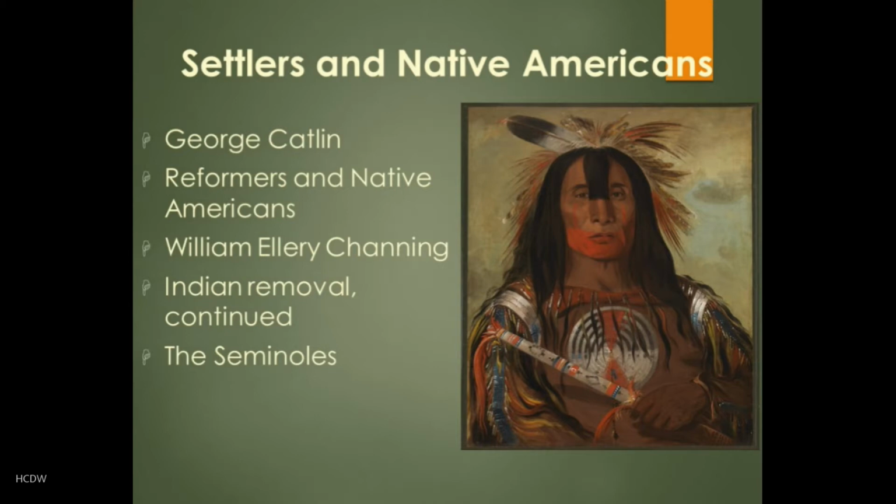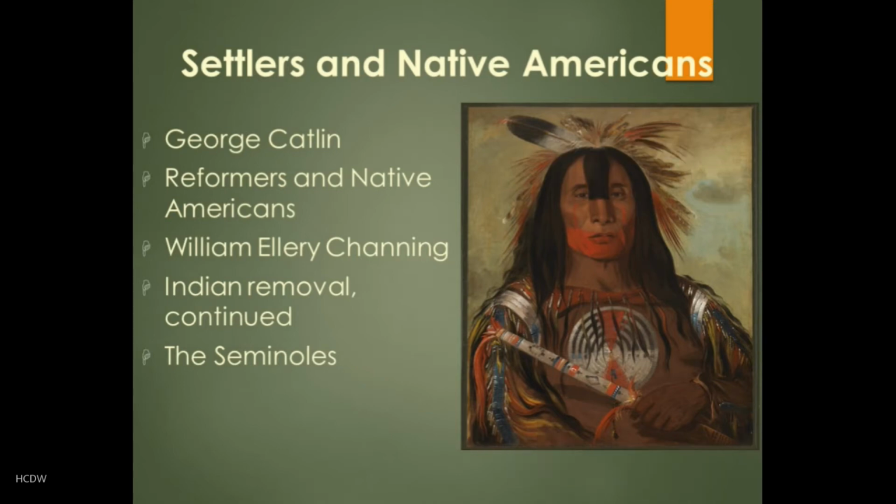One exception to this was the artist George Catlin, who traveled widely among the Native American civilizations of the West, and in fact lived among them for many years. Upon his return, he began painting portraits of the Native Americans, like the one you see on the screen.